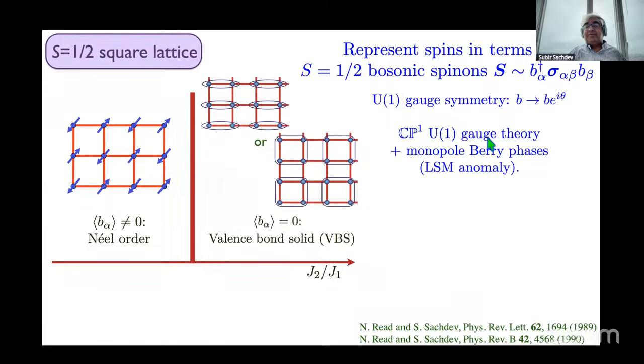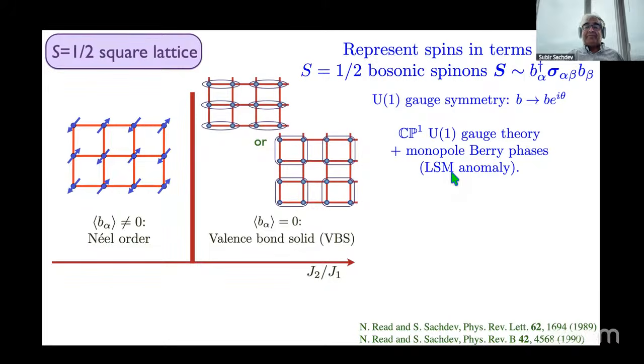Because you're on a lattice, you can also get monopole events in this 2+1 dimensional gauge theory, which Polyakov studied in his famous work on compact electrodynamics in 2+1 dimensions. But in this case, because there are also some matter fields around, you get extra Berry phases associated with the monopoles. And these Berry phases are closely connected to the Lieb-Schultz-Mattis anomaly and the Oshikawa anomaly.